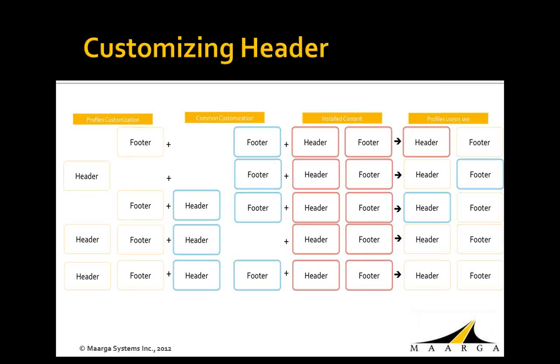You can add any app that is present, which is communities, activities, blogs, etc. There is the standard install content, and on the right you see what the profile users see. So when you have a footer alone in the profiles customization, that takes precedence over the common customization and the install component. So the profiles user sees the footer of the profiles customization.